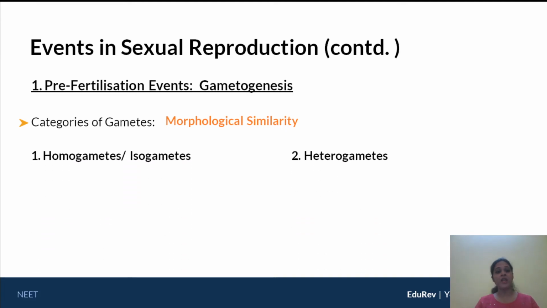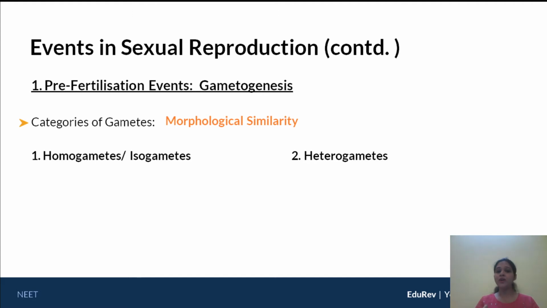For example, you have something called as homogametes or isogametes, and on the other side you have something called as heterogametes. Now, what is the difference between the two, and how are we distinguishing them based on morphological similarity? Now, homo means similar. The word iso comes from the word, maybe say you've studied isomers in chemistry. So iso also means similar.